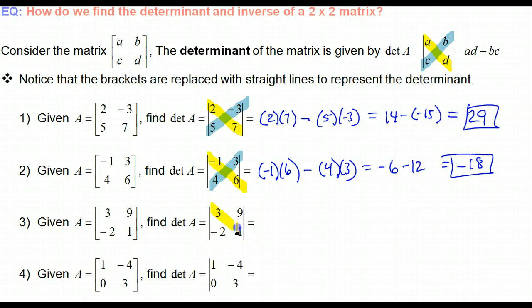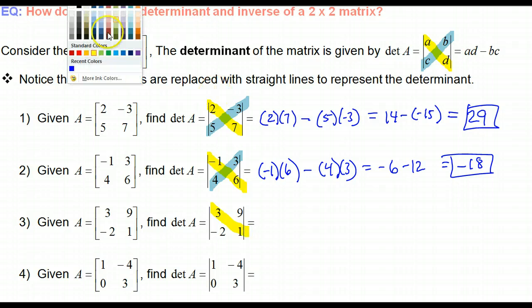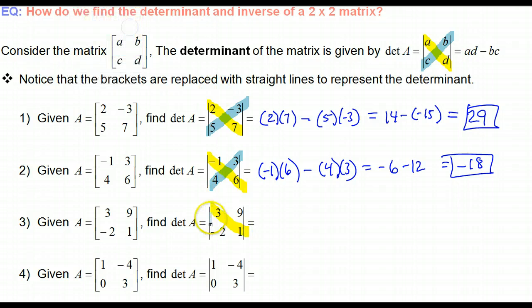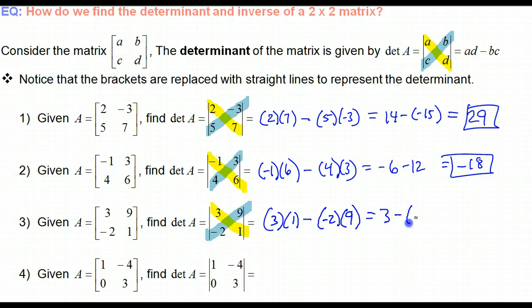So down diagonal minus the up diagonal. So that would be 3 times 1 minus negative 2 times 9. So that's 3 minus negative 18.